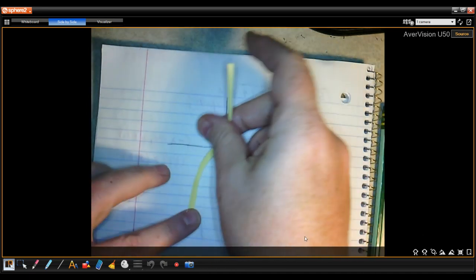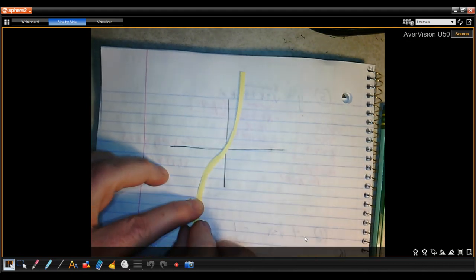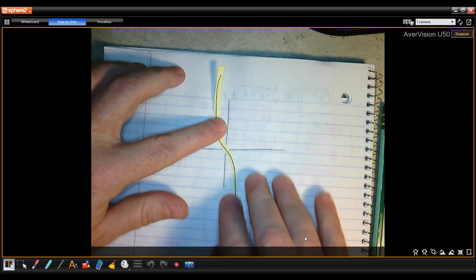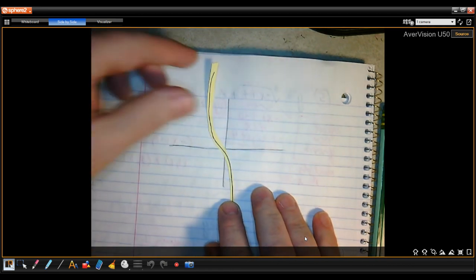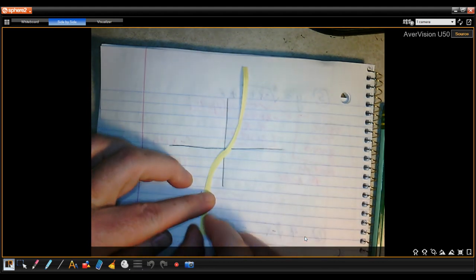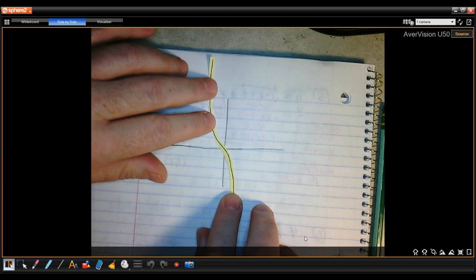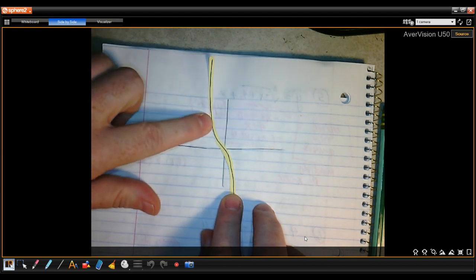So this is a cubic function. Let's see if I can get it to work really fast. So here's a cubic function. So if you reflect over the x, the graph would look like this, right? Well, if you reflect over the y, then I would pick it up and turn it like that. Oh, was it the same shape?